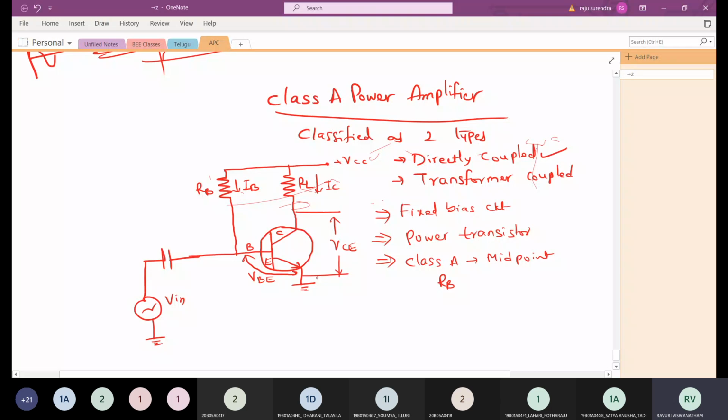And this is completely what is called a series fed directly coupled class A power amplifier. I think all of you understood.